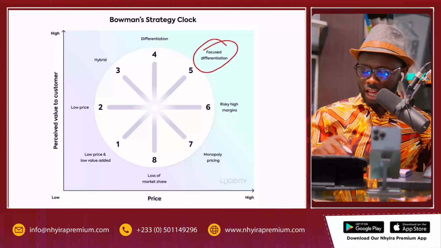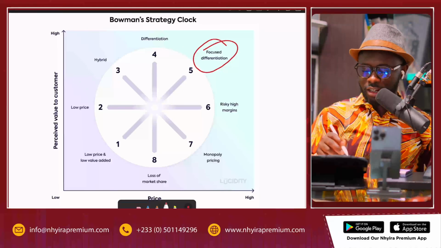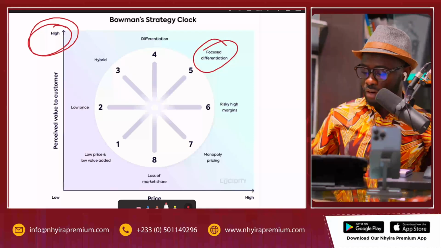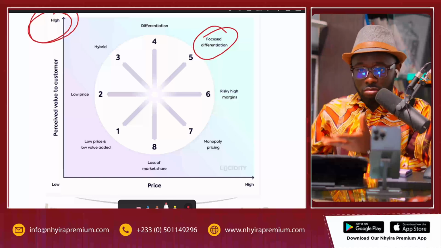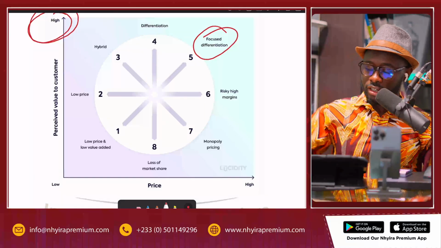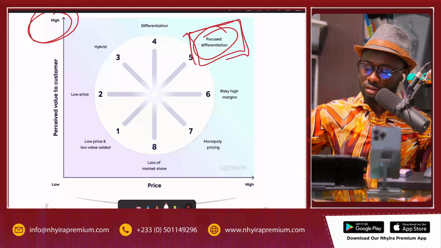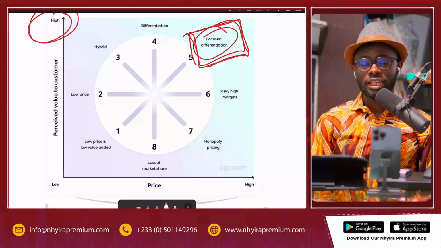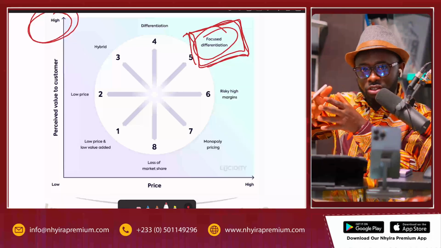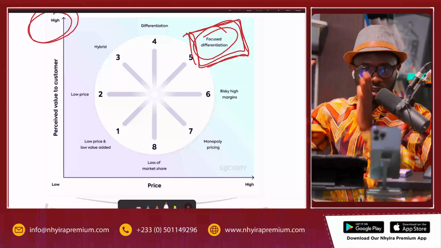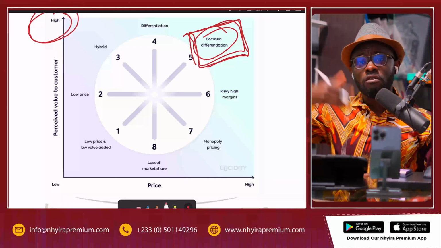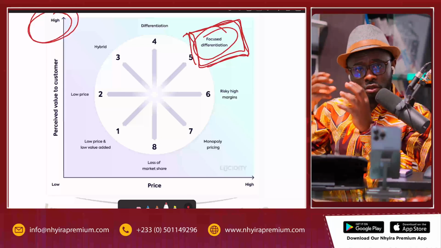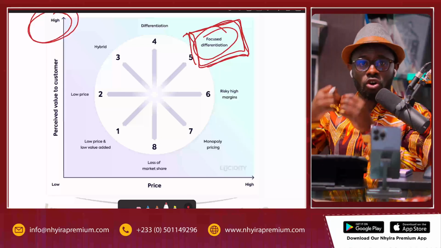So since they have a perception that the NSL product is of high quality, and their price is also above the average in the marketplace, they are using the focus differentiation strategy in that particular case. So they are concentrating on the niche in condiments, because if you remember, we spoke about various other types of condiments, but they are just focusing on that African shito context.